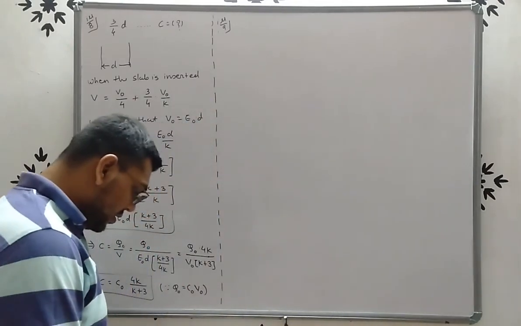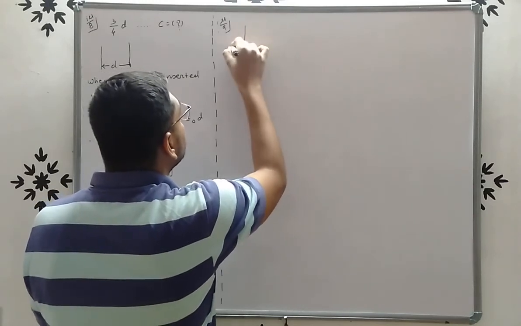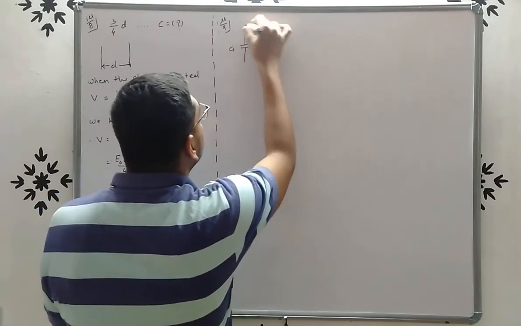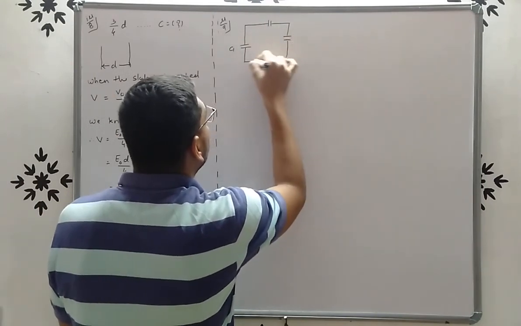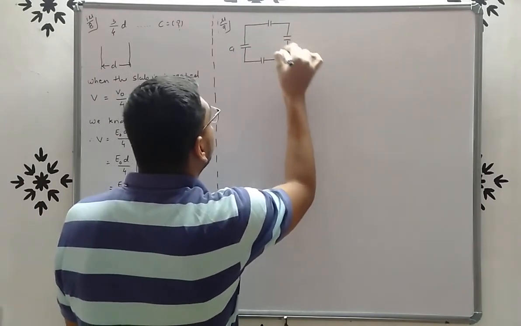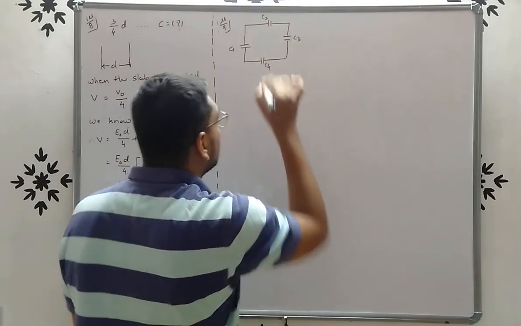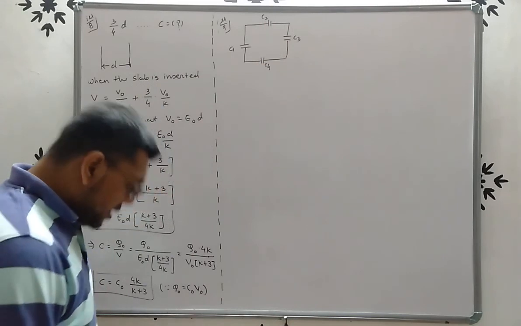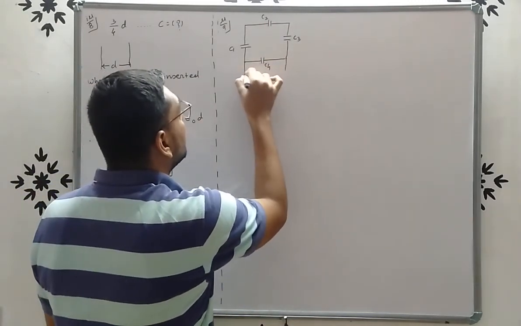So here the figure is like this. This is the capacitor C1, this is C2, this is C3, and this is C4. This is connected to a 500 volt supply.